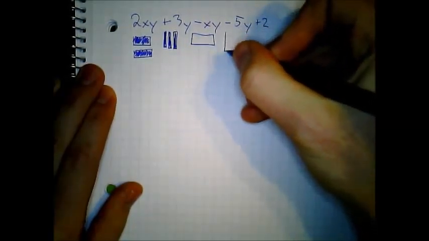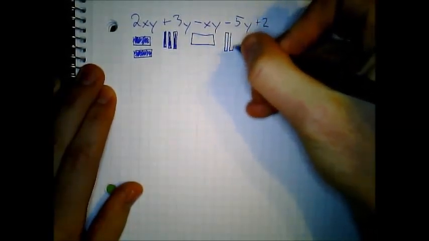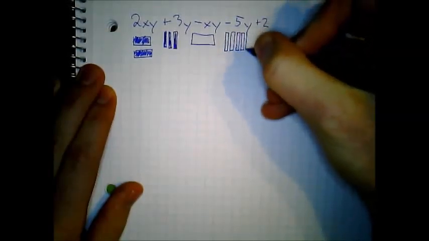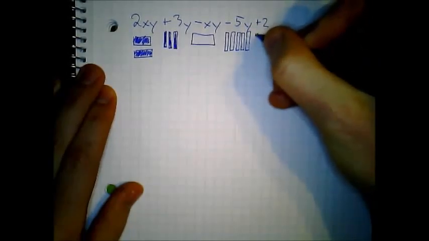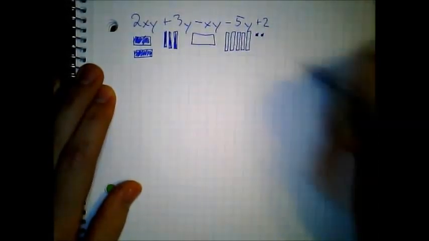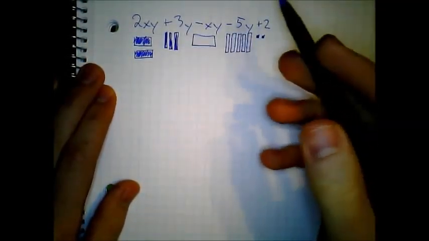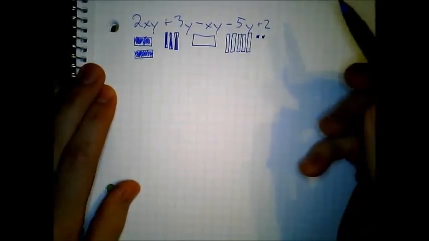We have a negative 5y. We have a positive 2. So again, we just quickly sketched a representation of this expression to help us visualize what's going on so we could simplify. So now let's look at what's going to cancel out.